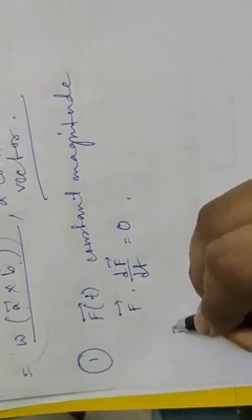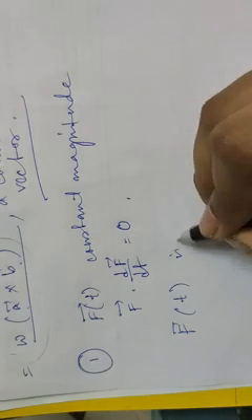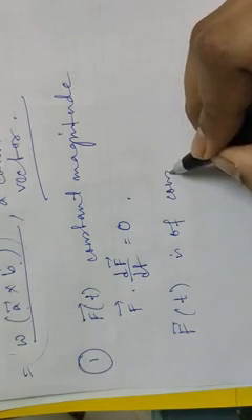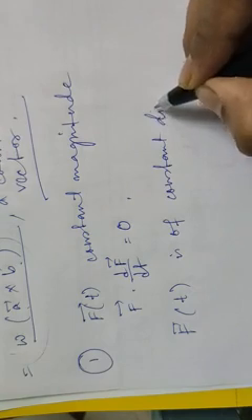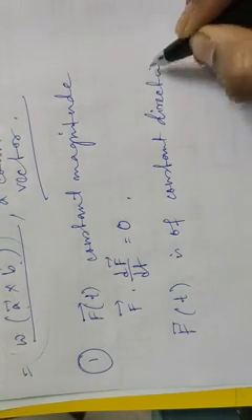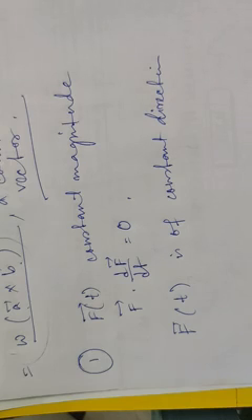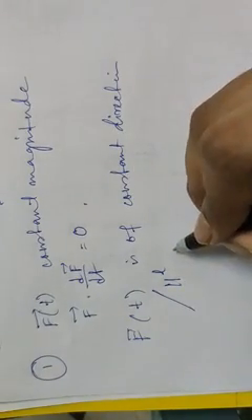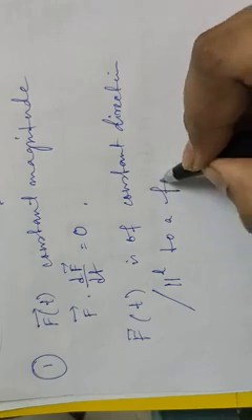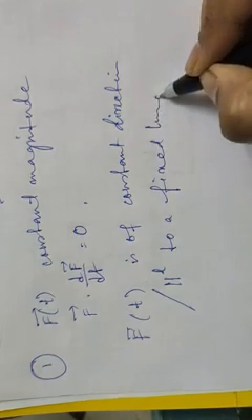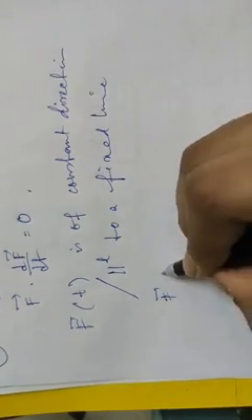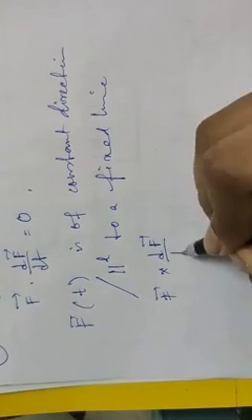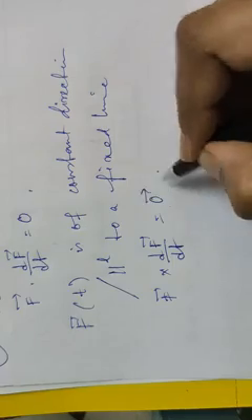And when f is of constant direction, that means it is always parallel to some fixed line, then its condition is f cross df/dt is a zero vector. These two are standard conditions.